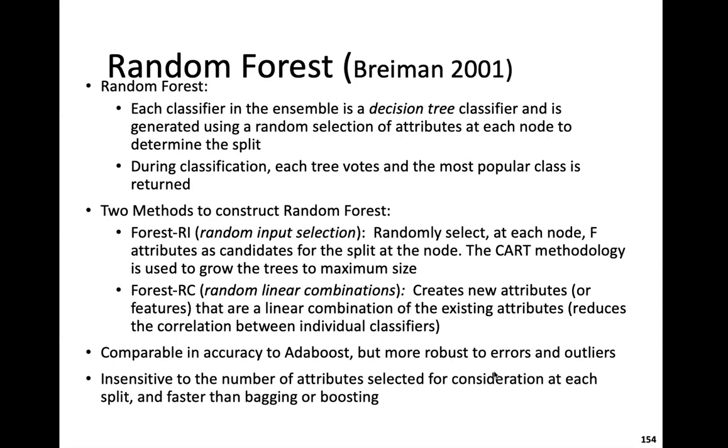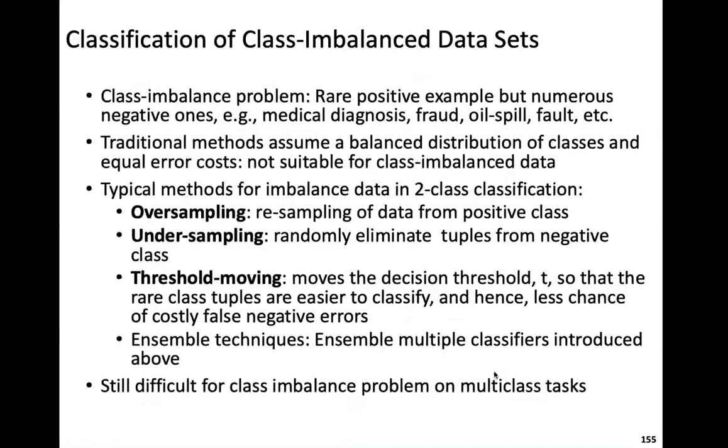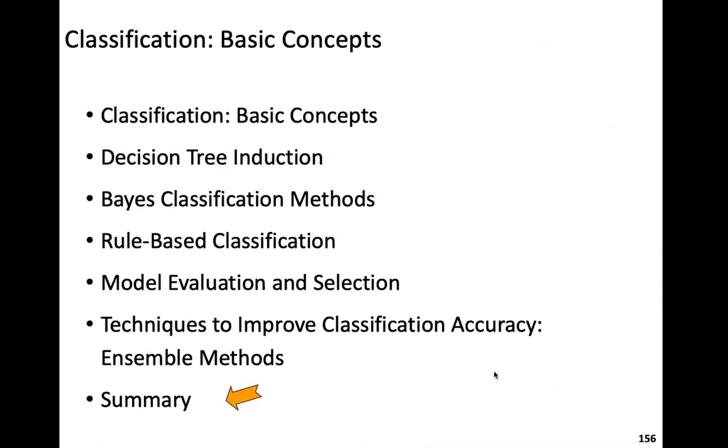That's why each random forest will be somewhat different, and there are some pros and cons for that. And always, class imbalance data sets are not so easy, and you can have problems related to oversampling, undersampling, and some decision thresholds can be moved.